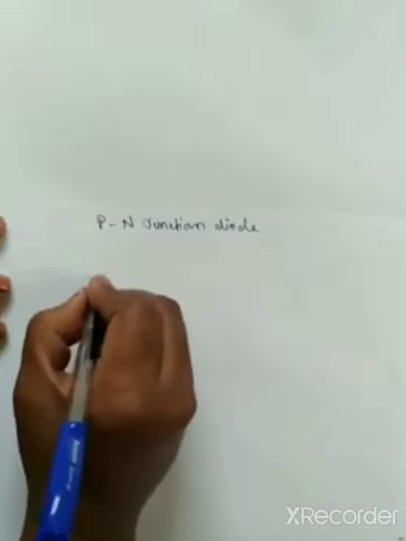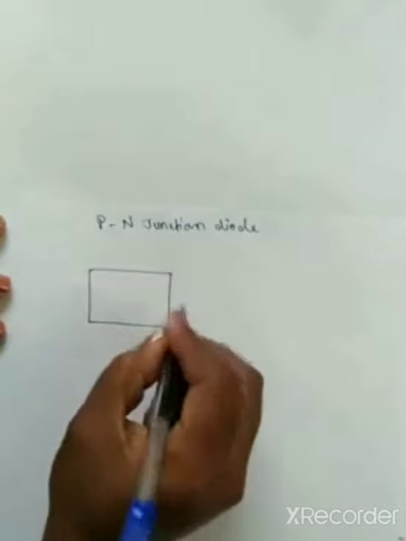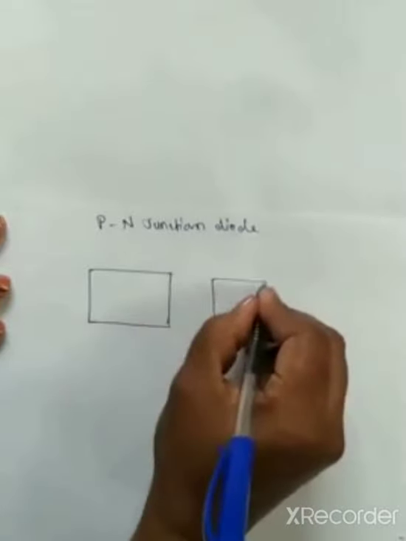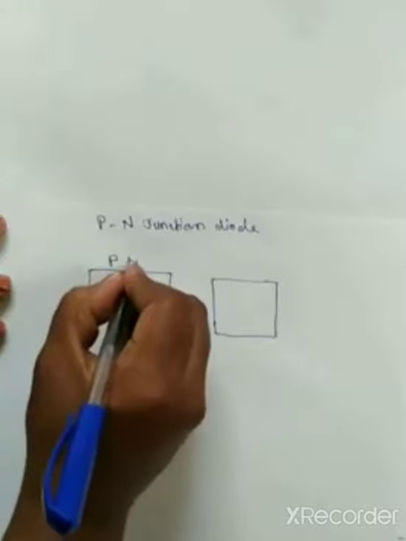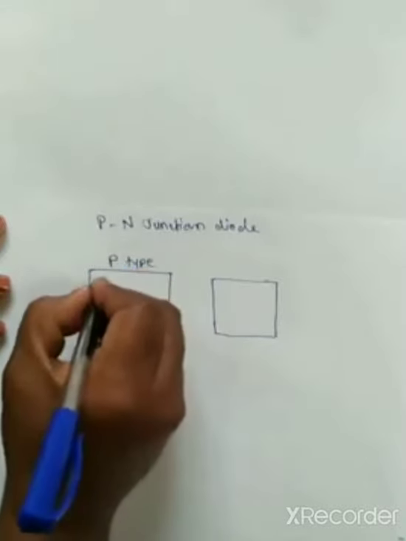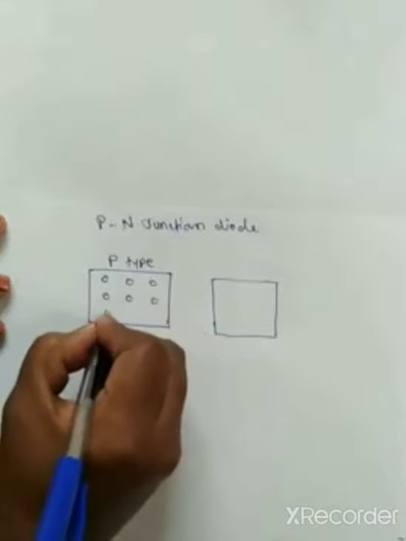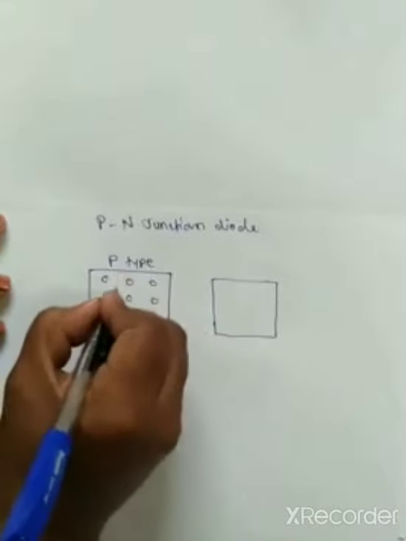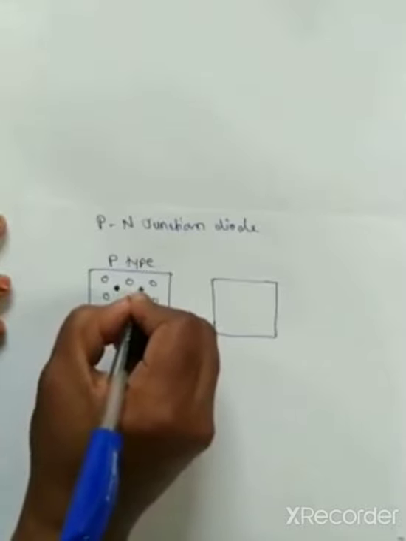Now see, if we take a P type semiconductor block and N type semiconductor block, we know that the P type semiconductor contains majority charge carriers as holes and minority charge carriers as free electrons.